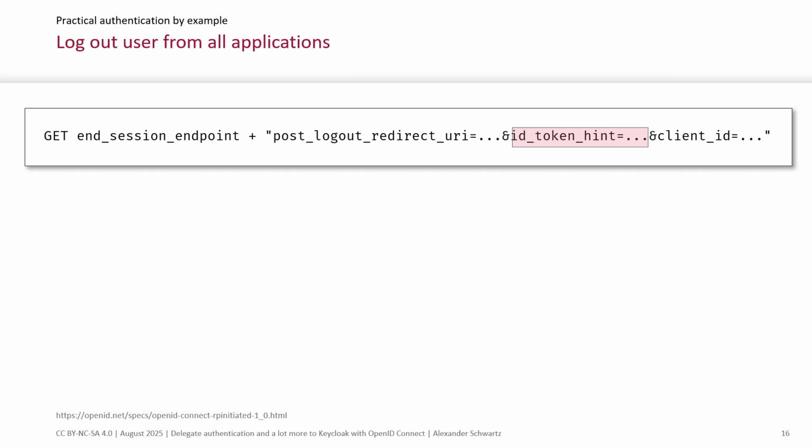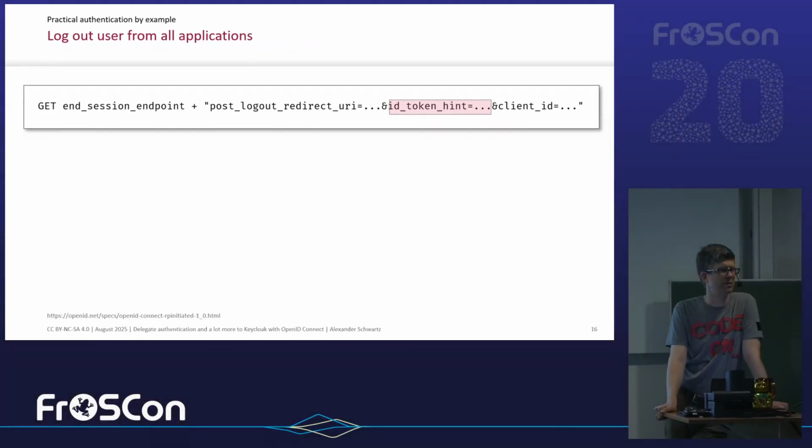something that's changed recently, or that wasn't there in the beginning of OpenID Connect, that you put your ID token in this URL. The idea being, I could trick a user to click on some link and then make them log out. And then the user will be annoyed and need to log in again.